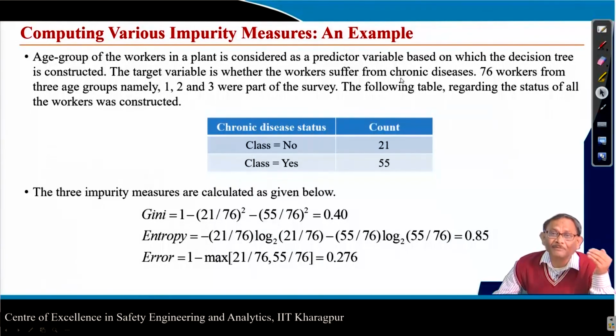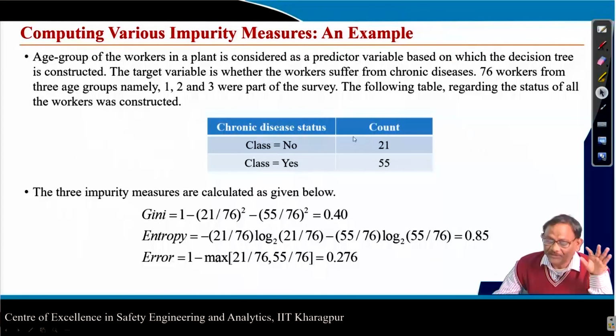Obviously, old people are exposed for more years, so the probability of having disease is higher. But for the example, we are saying that certain chronic disease can develop and age is an important predictor. We have studied 76 workers from three age groups, and when we asked them about their disease status, this is the count.